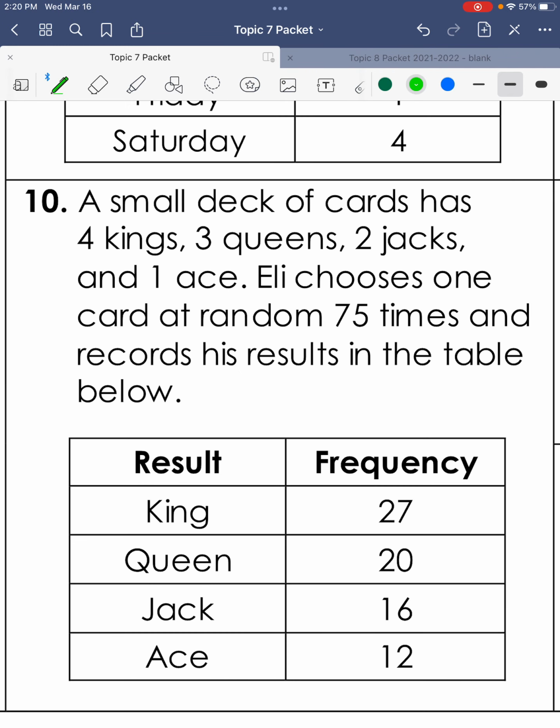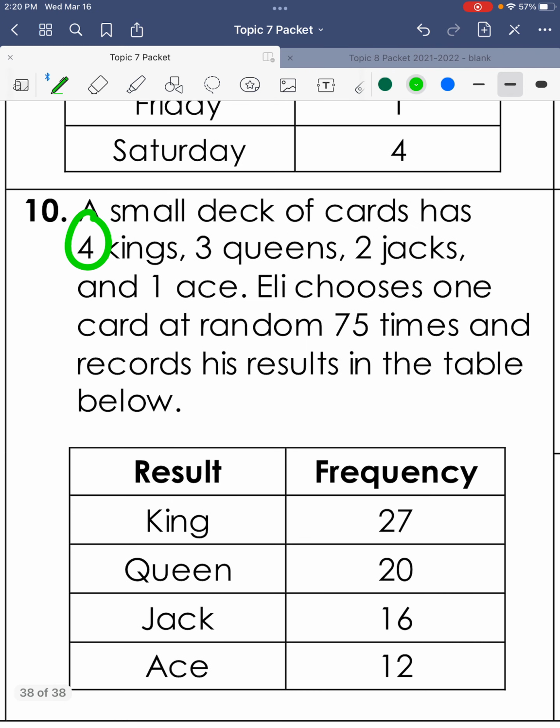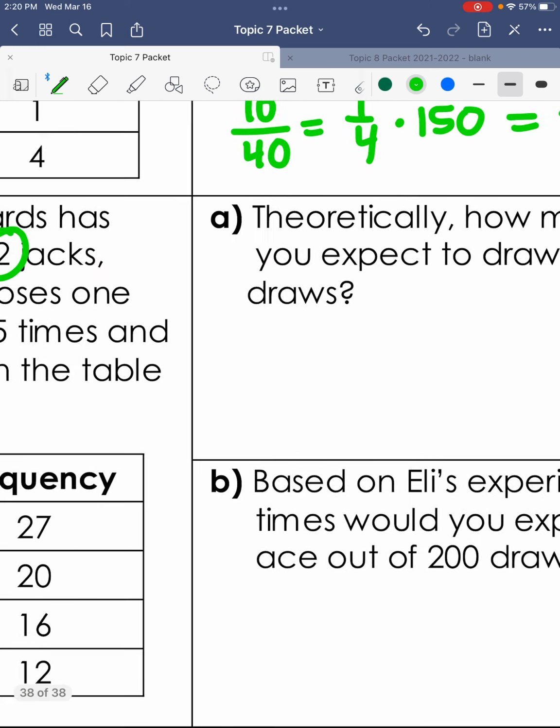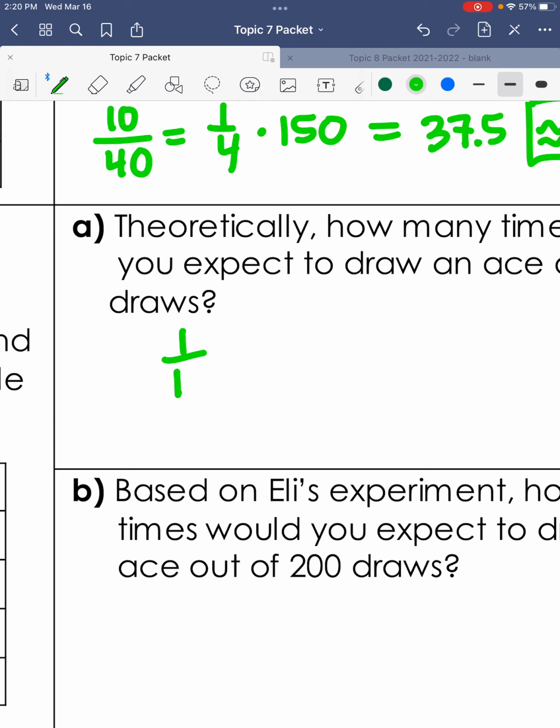So here's what I know. He's got 4 kings, 3 queens, that's 7, 2 jacks, that's 9, and 1 ace. So that's 10 cards, right? So how many of them are aces? Well, there's just 1 ace. So 1 out of 10 cards.